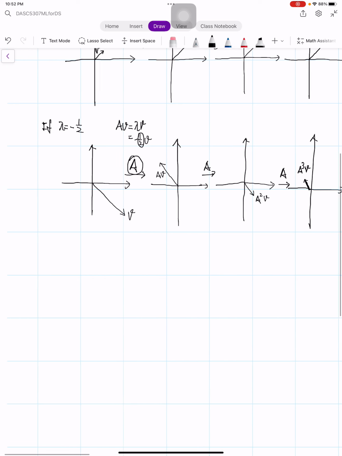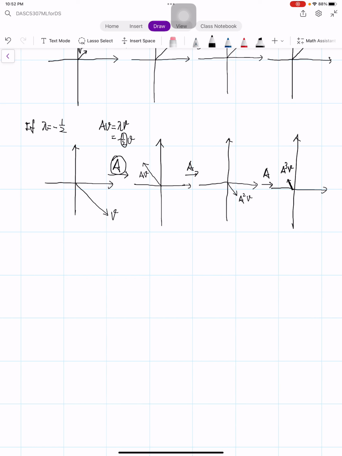And there are also some other properties. Let me summarize here.